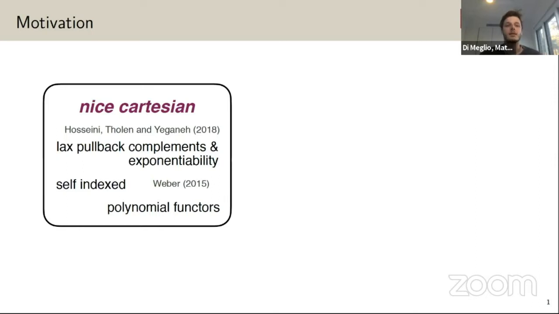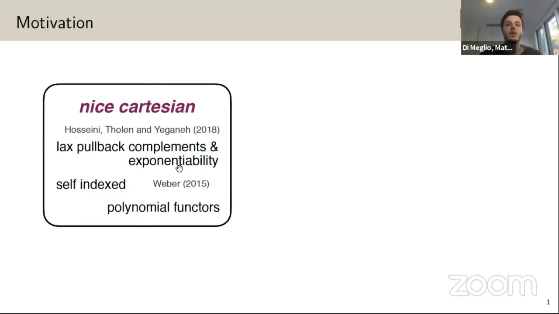I guess the most general setting that most people consider polynomial functors in at the moment is the setting of nice Cartesian categories. Usually that's a locally Cartesian closed category, although Weber did things in a slightly more general setting, in a category with pullbacks, but then had to deal with this notion of exponentiability.